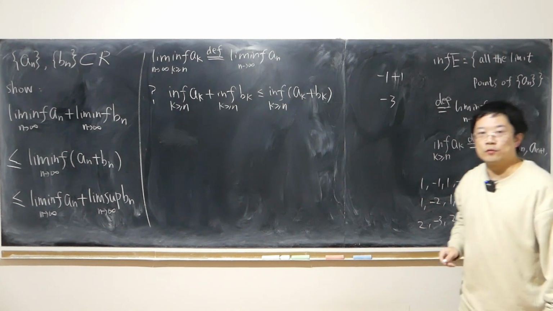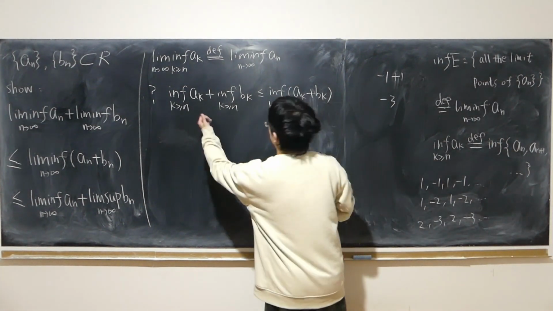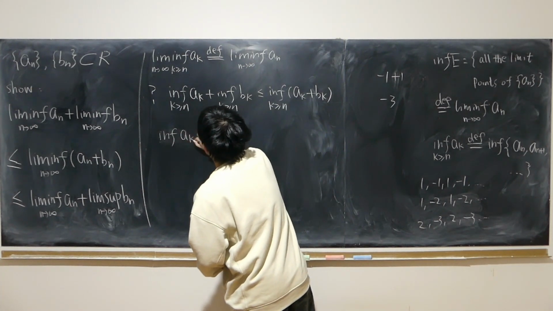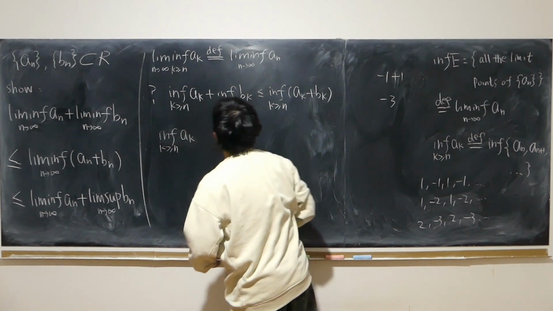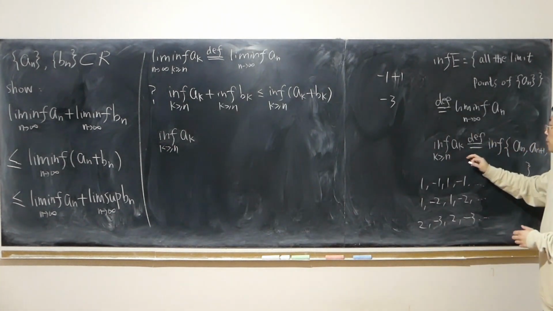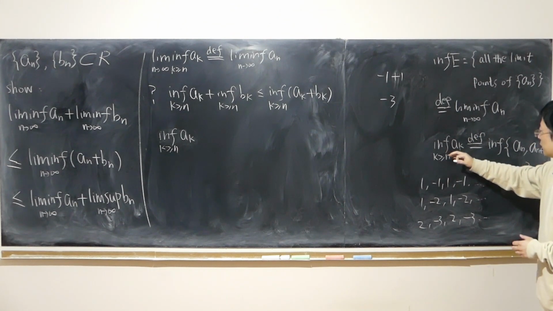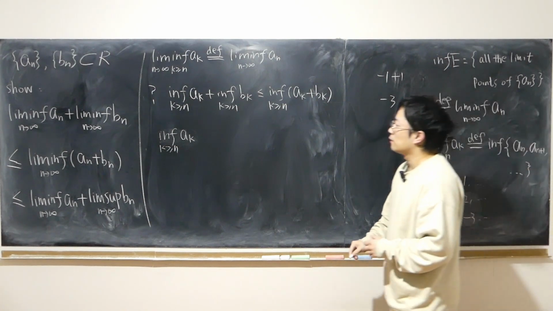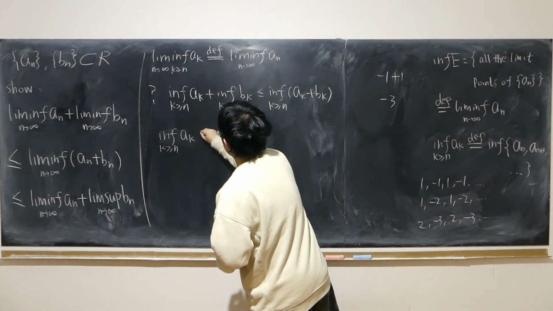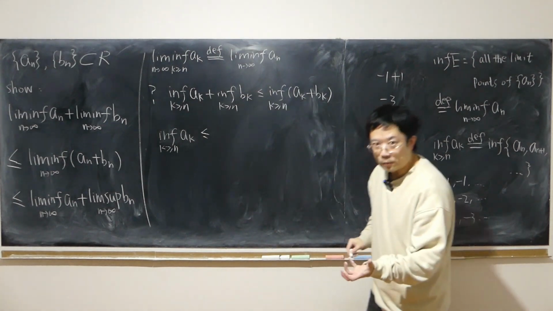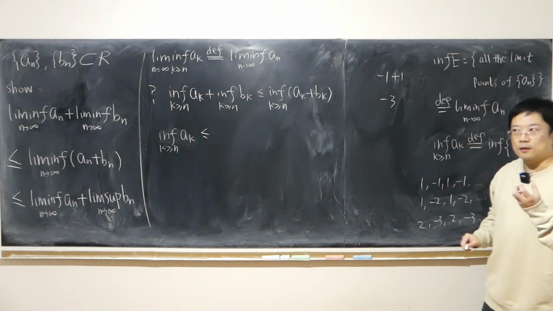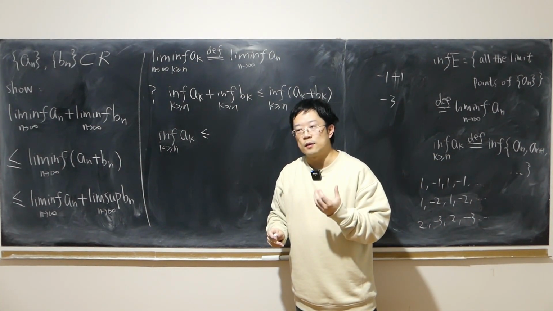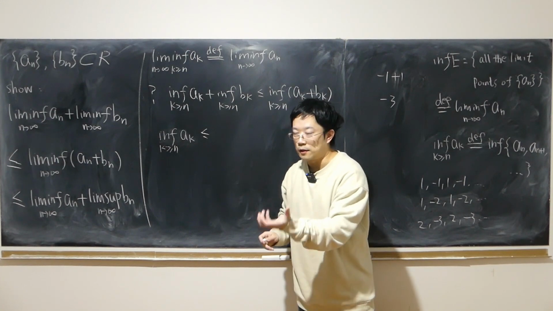Of course, like I said, we prove it rigorously. First of all, the infimum of ak for k bigger than or equal to n. Remember, the notation infimum of ak means the infimum of this set. Since it's the infimum of this set, it is the biggest lower bound, but in the end it is a lower bound anyway.